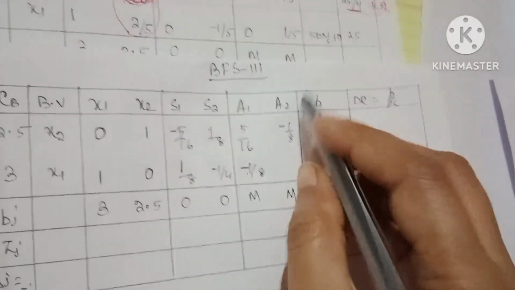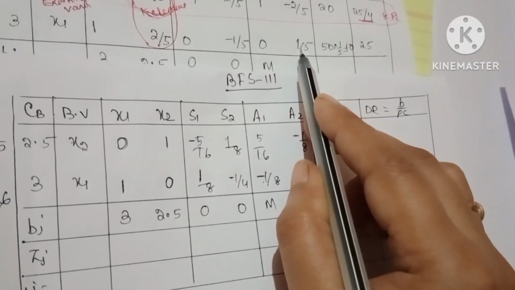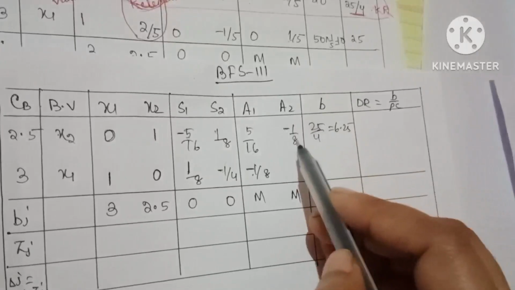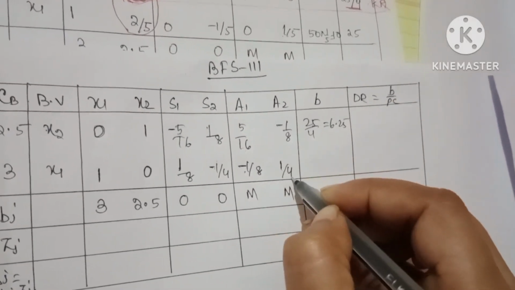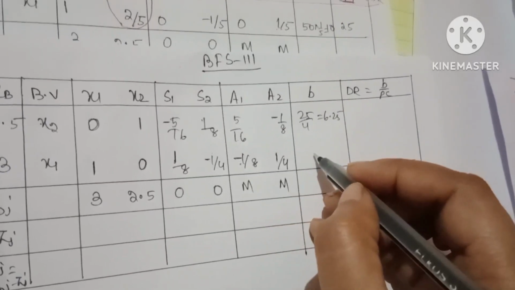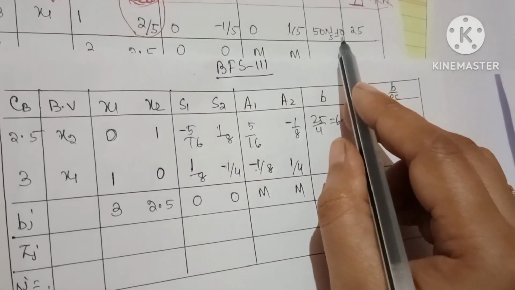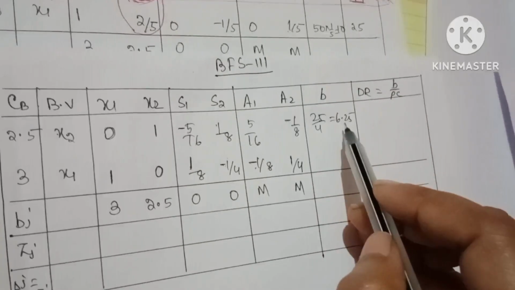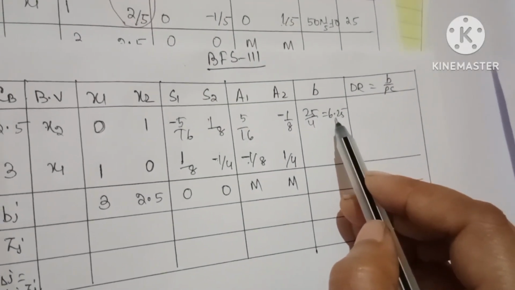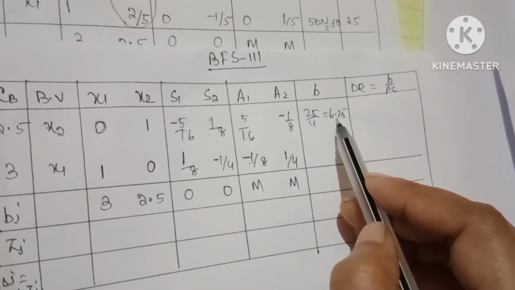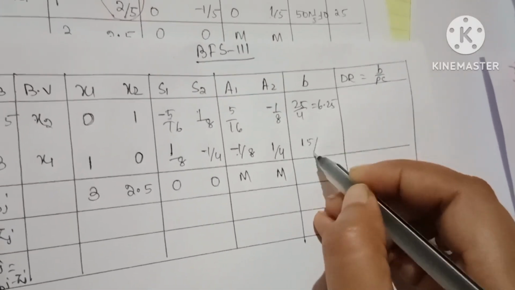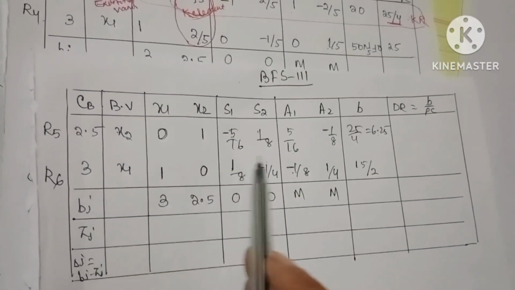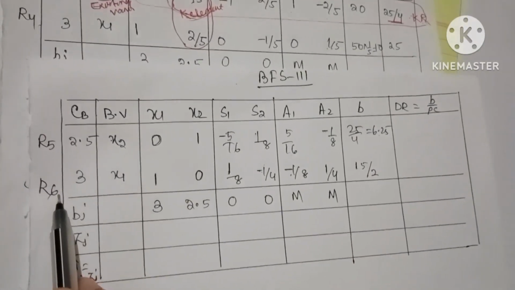The next is old value, that is 1 by 5 minus 2 by 5 times of minus 1 by 8. So this is your 1 by 4 after simplification. The next is old value, that is 10 minus 2 by 5 times of 16.25. So this is your 15 by 2. So these are your new values for row 6.